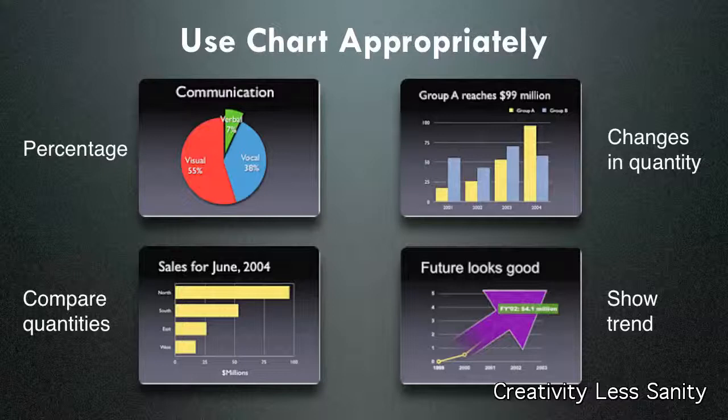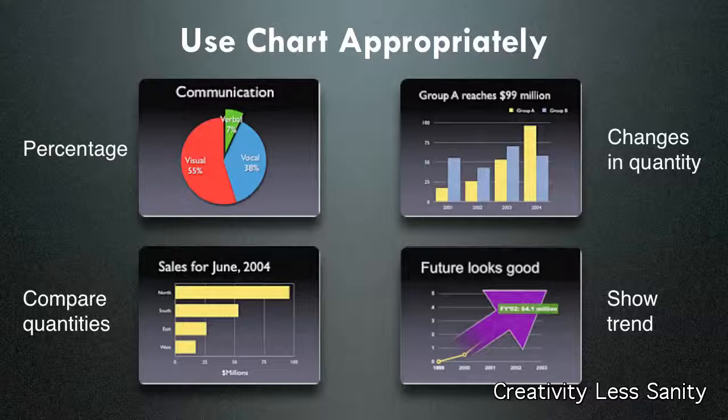If you want to use a bar chart, you have two choices: vertical bar chart and horizontal bar chart. A vertical bar chart is great for describing changes in quantity. However, a horizontal bar chart is better for comparing quantities. And a line chart, well, we use a line chart to show trend.